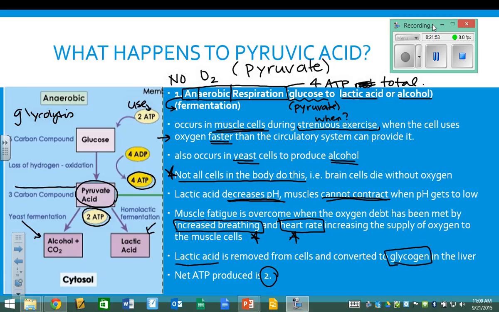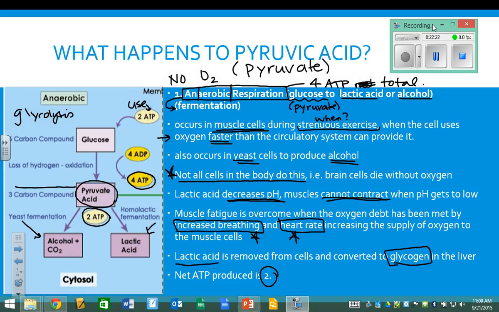So a lot of people have this misconception that your muscles hurt because you're still doing anaerobic cellular respiration. That's not why. Your muscles hurt because you tore them when you exercised, and that's where the pain is coming from. If you still were doing anaerobic respiration 24 hours after you worked out, you would be dead, because that would mean you did not have oxygen available for like 24 entire hours. There's no way your brain tissue could have survived that long.